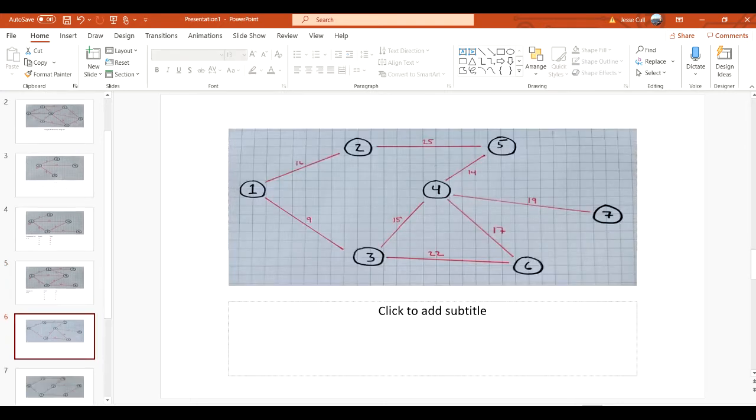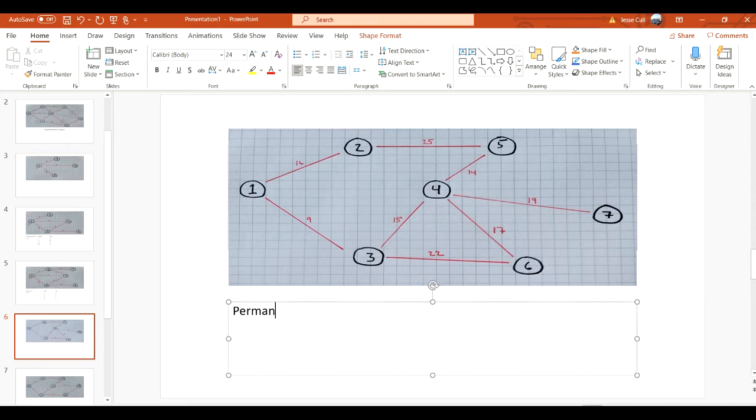So now we have new additions to our permanent set. One more time. Permanent set. In this situation now it's 1, 2, 3, and we're at number 4, so permanent set 4.